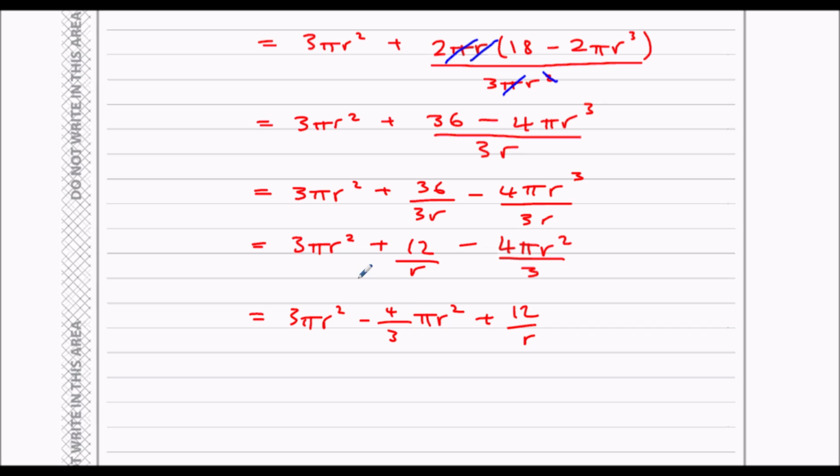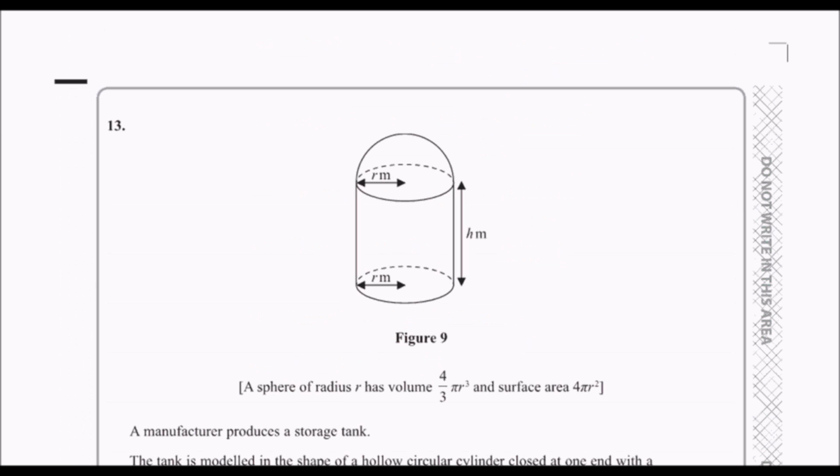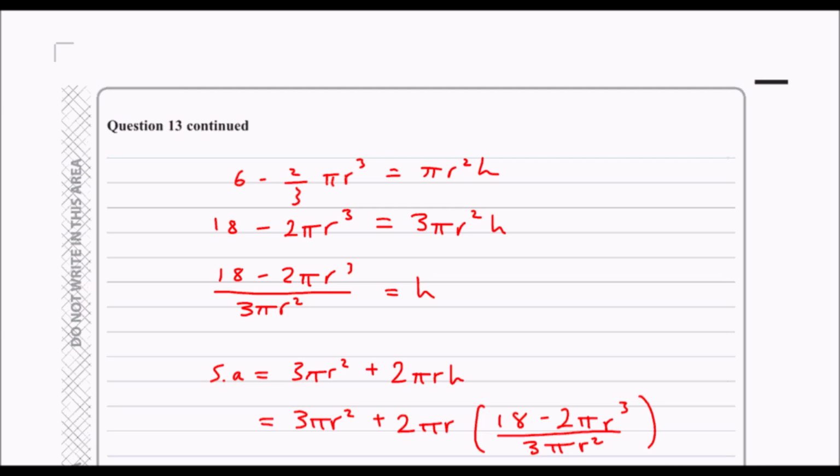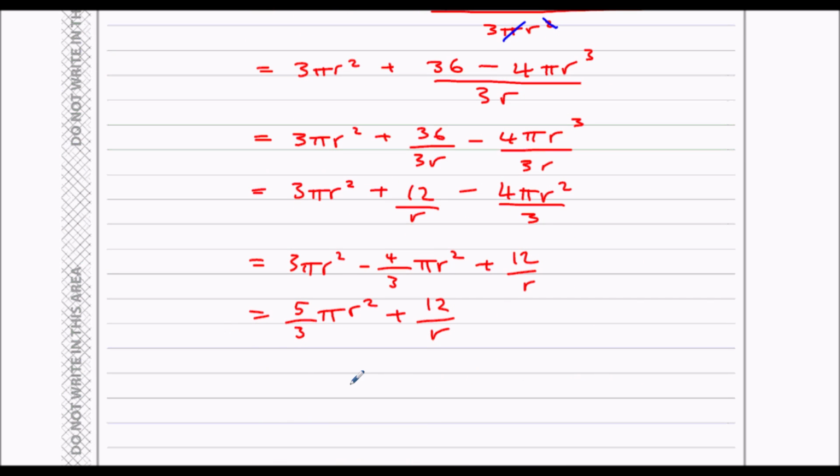So 9/3 take away 4/3 is 5/3. So 5/3 pi r squared plus 12 over r. And hopefully that's what we wanted. 5/3 pi r squared plus 12 over r, which is what we wanted.